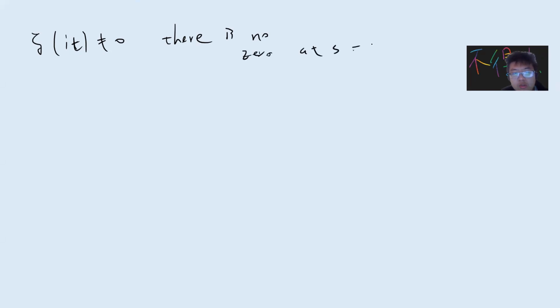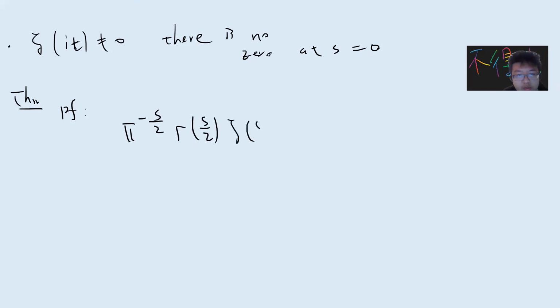And the final result that I want to show is that zeta(1+it) is non-zero. Basically, I want to show that there's no zero on the line real part of s equal to 1. This proof just uses the analytic continuation. So let me write down a functional equation that I might prove in the next video.